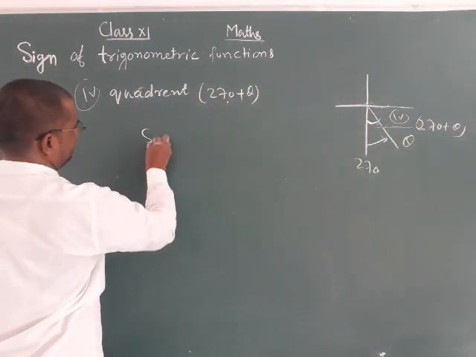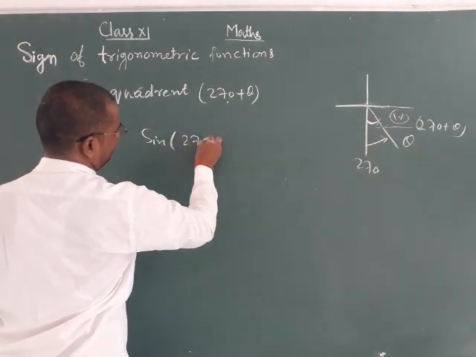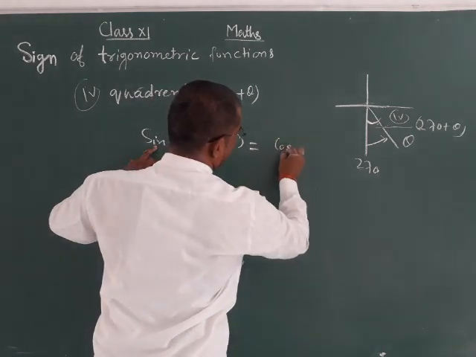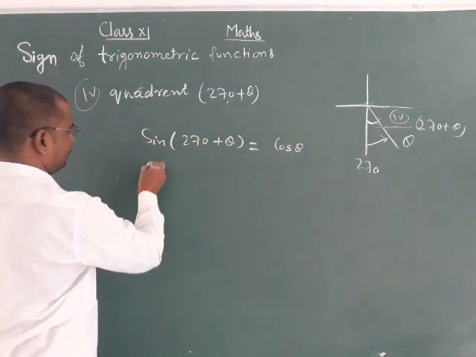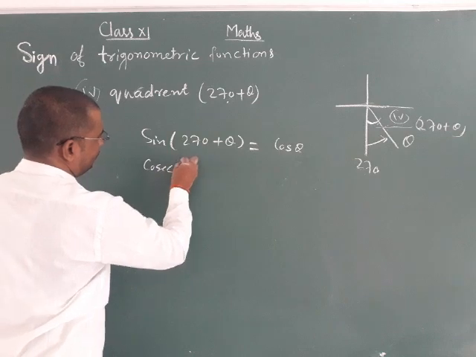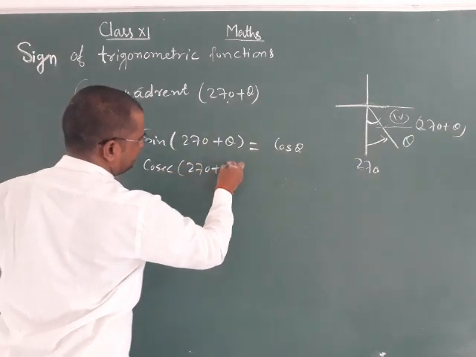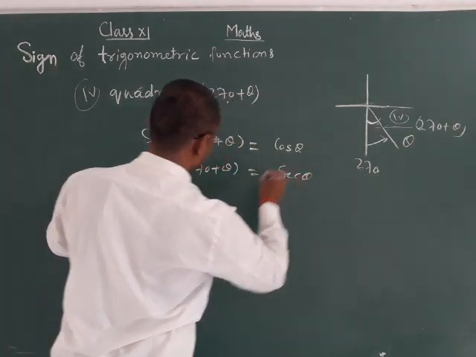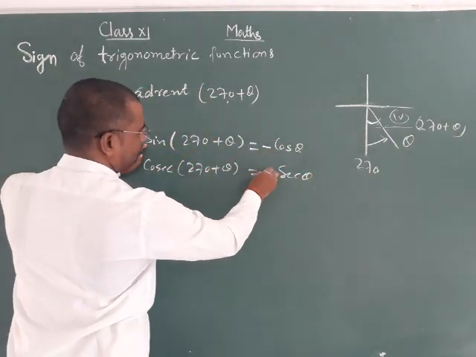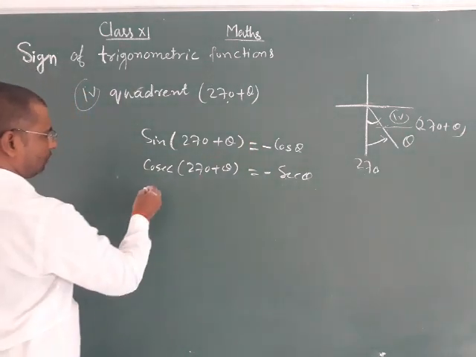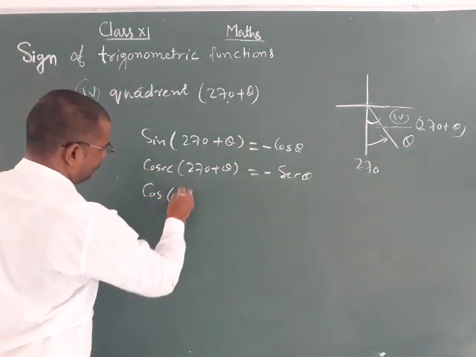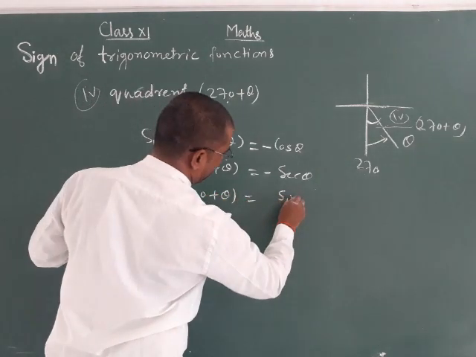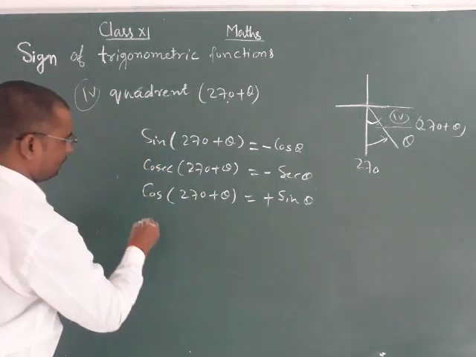First ratio: sin(270 plus theta) is equal to minus cos theta. Cosec(270 plus theta) is minus sec theta, a negative value. Cos(270 plus theta) is sin theta, positive.